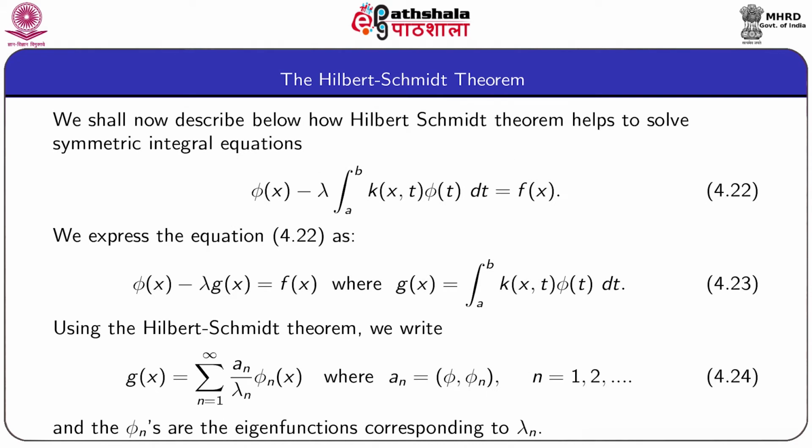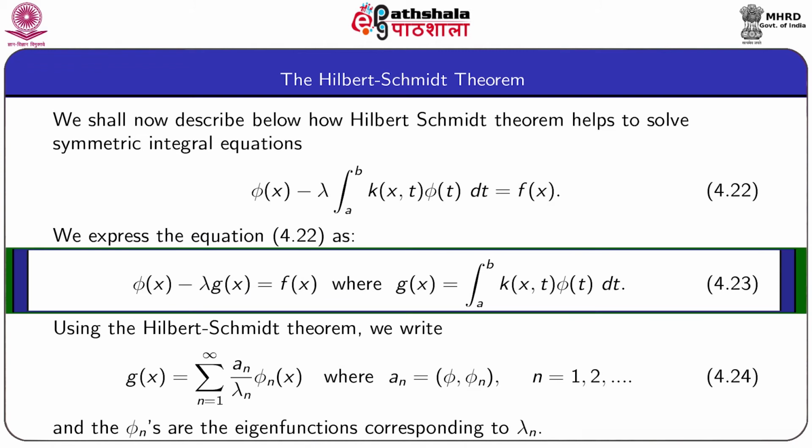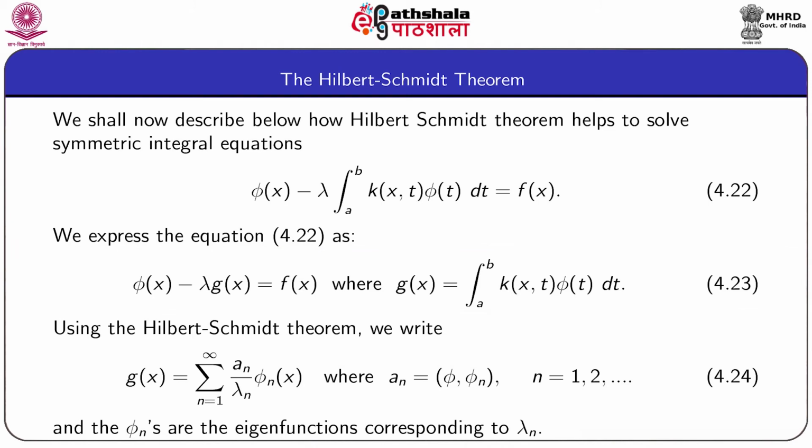Now we come to the Fredholm integral equation, and we shall apply Hilbert-Schmidt theorem to solve Fredholm integral equation of second kind as given by equation 4.22, where the kernel k(x,t) is symmetric kernel. Now we express the equation 4.22 as phi(x) minus lambda g(x) equal to f(x), where g(x) is the integral from a to b k(x,t) phi(t) dt.